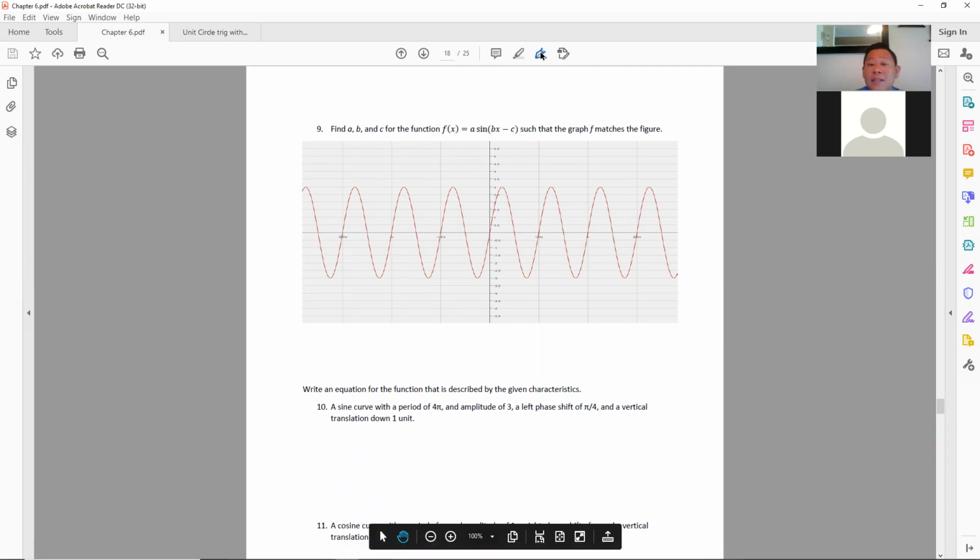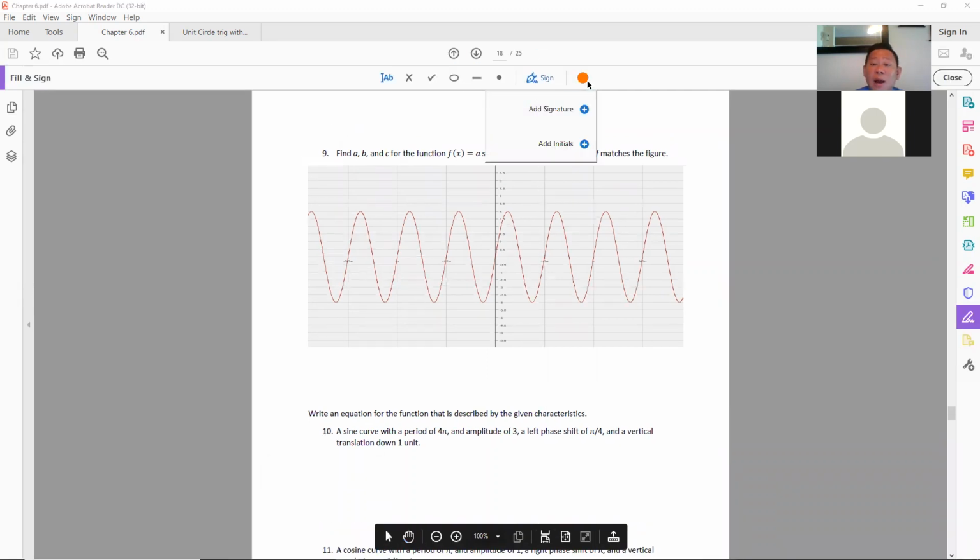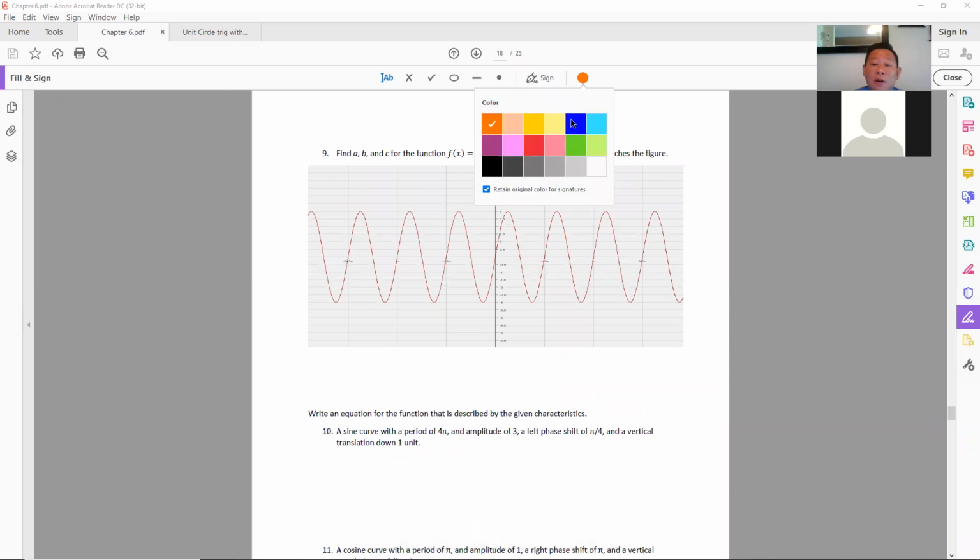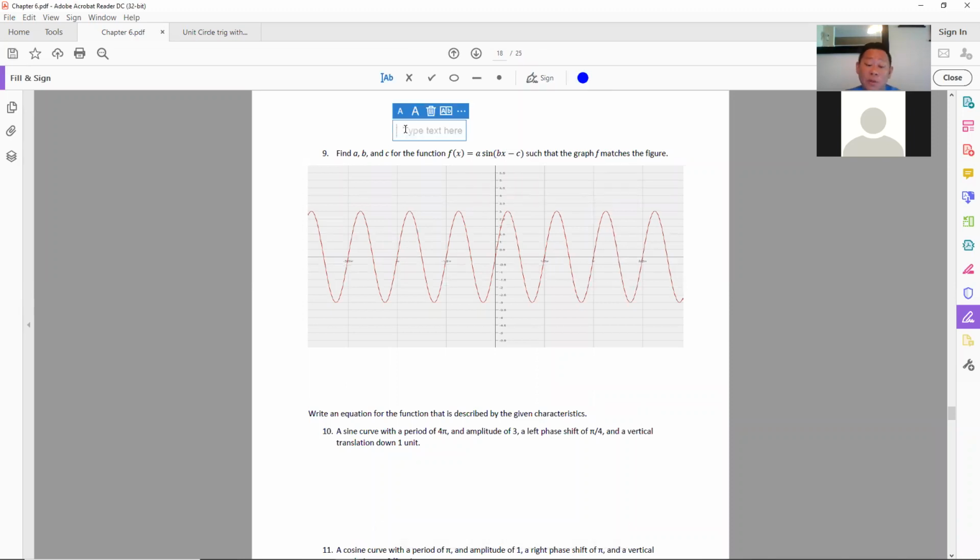The A is easy to figure out, because the A comes from the amplitude. Amplitude is if you take your maximum and your minimum, and you subtract them and divide by 2, that is your amplitude.